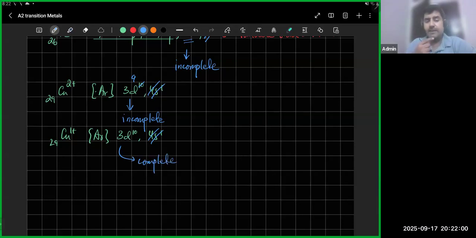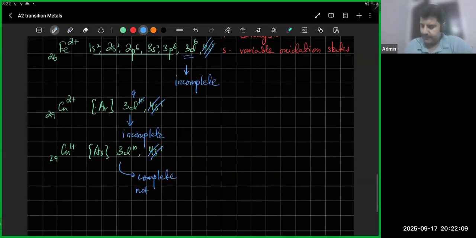So if it forms a plus 1 ion, then it's not behaving as a transition metal. It's not going to show those properties, or not the entire set of properties.